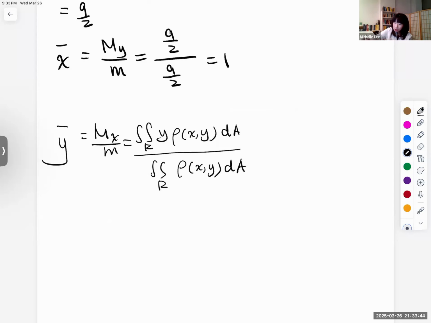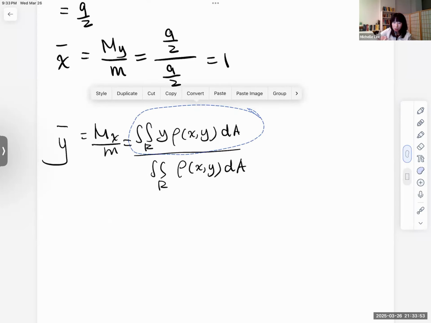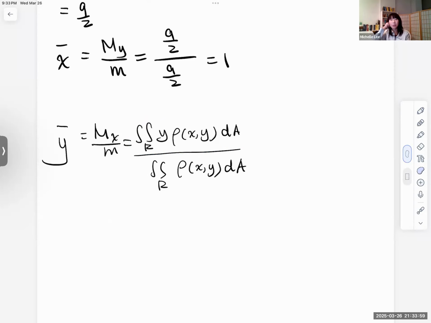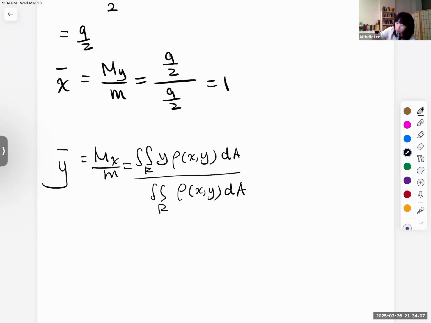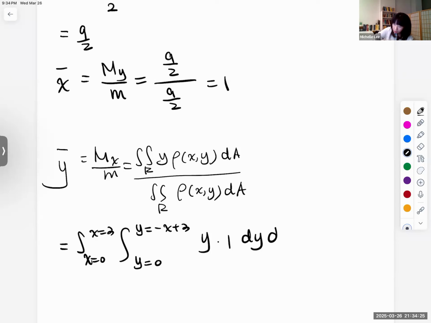Let's do the numerator first, or can we do everything together, because we had experience already, so we know a little bit. So x equal to 0 to 3, y equal to 0 to negative x plus 3, and then y times 1 dy dx.